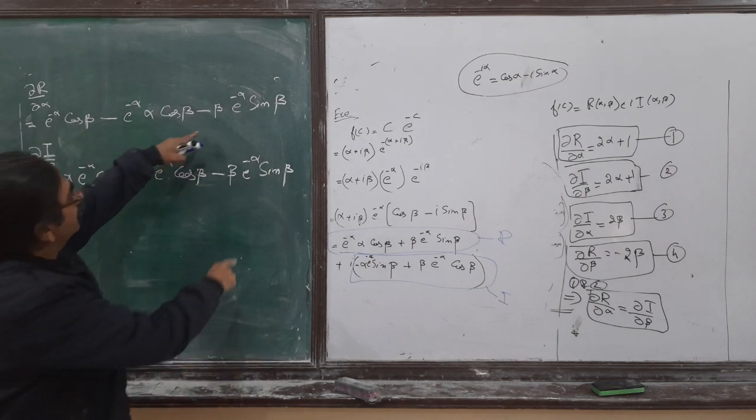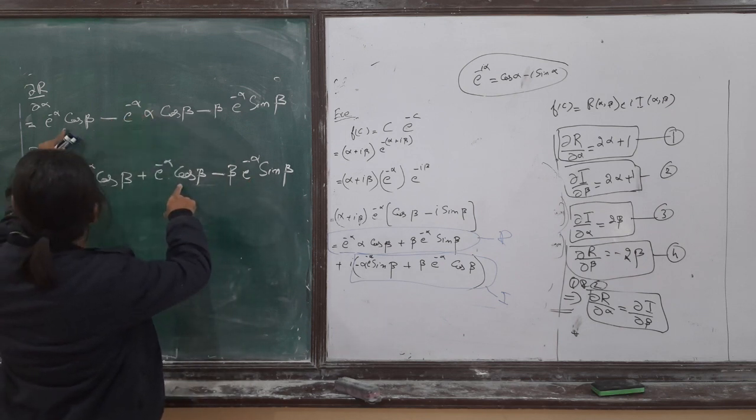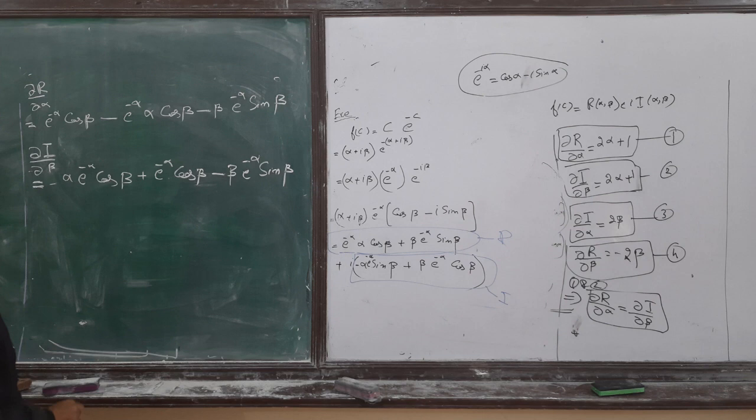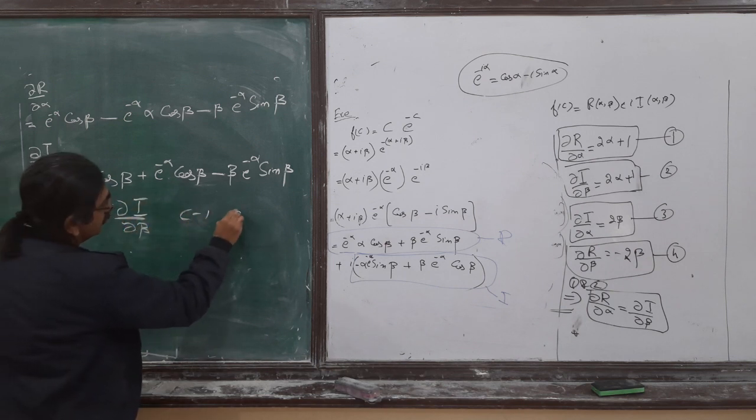Now minus beta, this and this are the same. So partial R over partial alpha is equal to partial I over partial beta. C1.